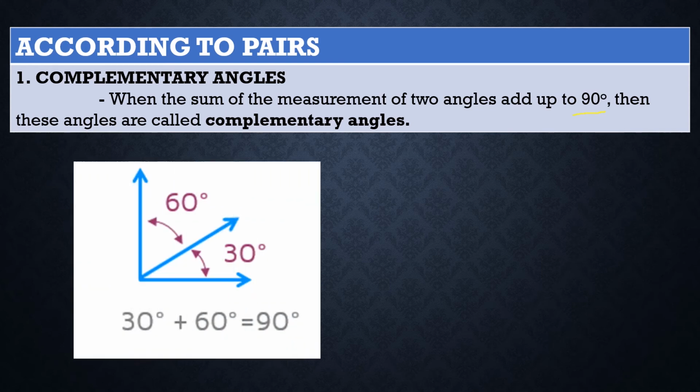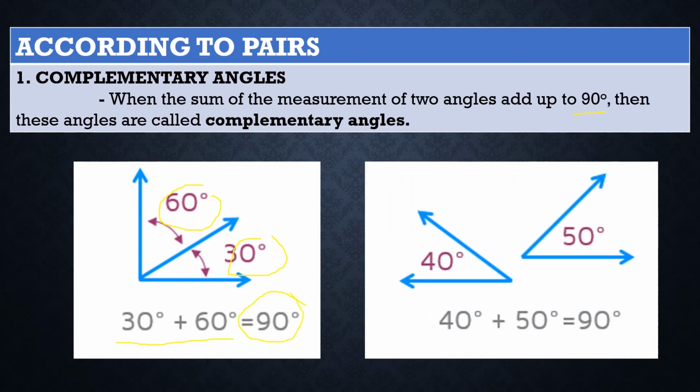So pag ang sum nila is 90 degrees, halimbawa, the first angle is 30 degrees and the second angle is 60 degrees. So we can consider these two angles as complementary angles. Kasi nga, pag i-add natin yung degree measurement nila, it would be equal to 90 degrees.